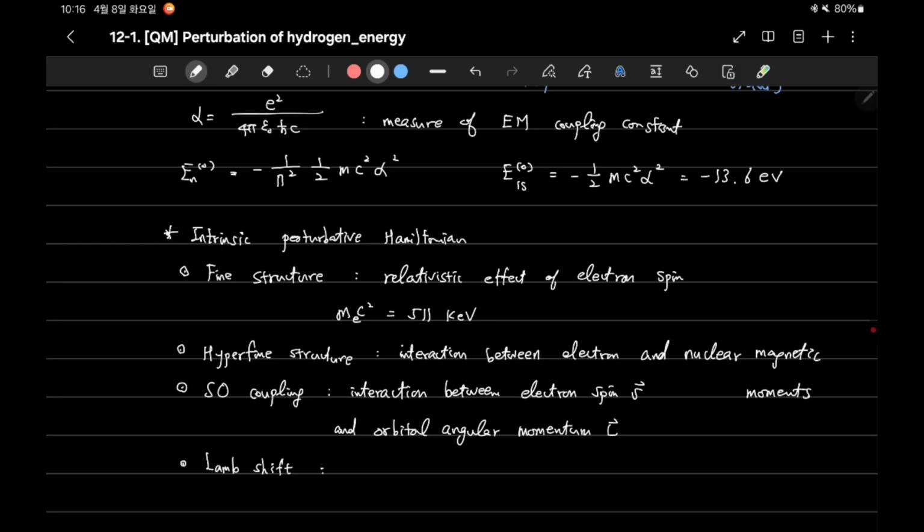The Lamb shift is a result of the quantum electrodynamic effect.